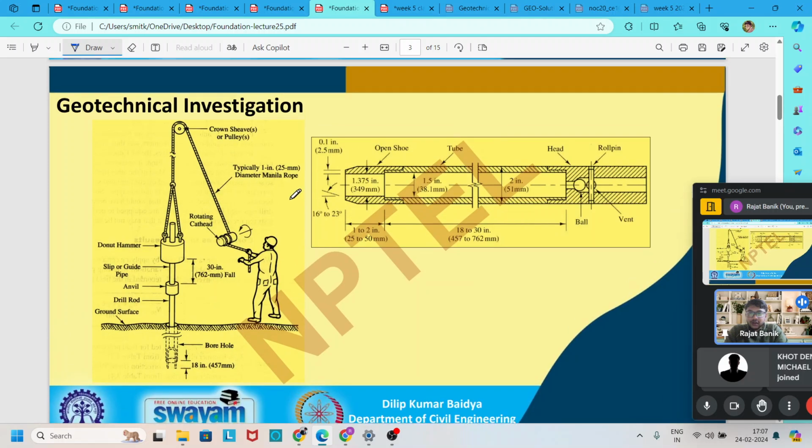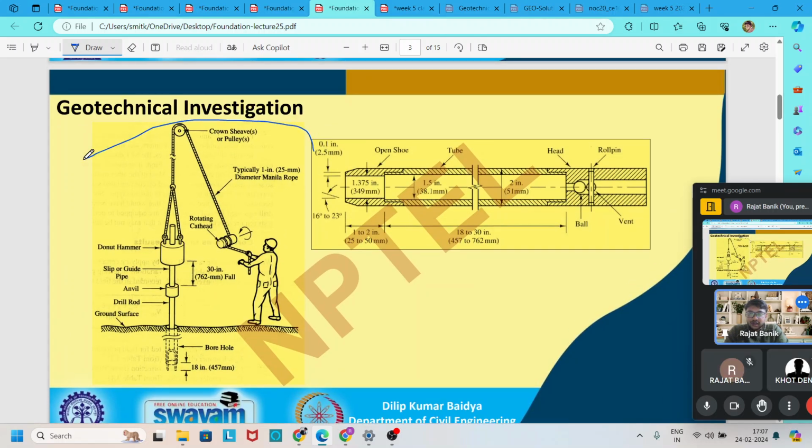Then here the method is shown in the picture, how we do our SPT test. It is done manually. One sampler is pushed into the ground. After that, one hammer is free-falling from a height of 750 mm, and the hammer weight is 65 kg.